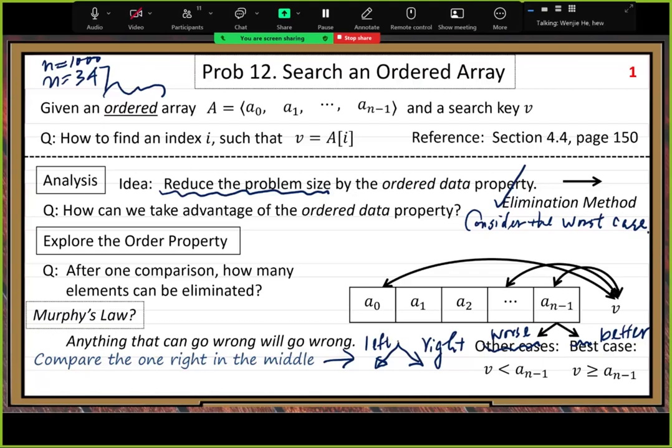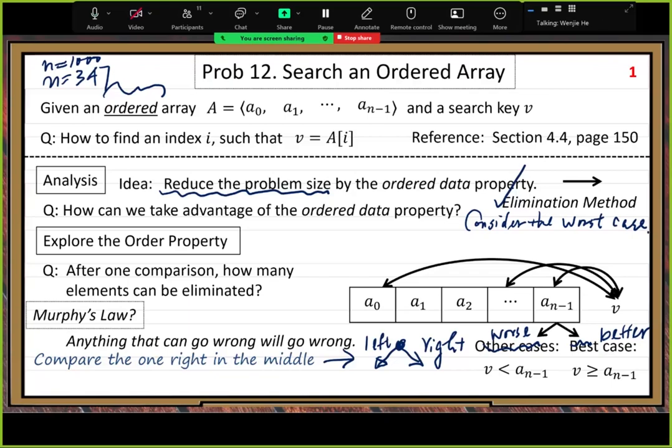You compare one in the middle. Almost the same, right? Let's treat these two cases as the same. The number of elements that could be eliminated is the same.